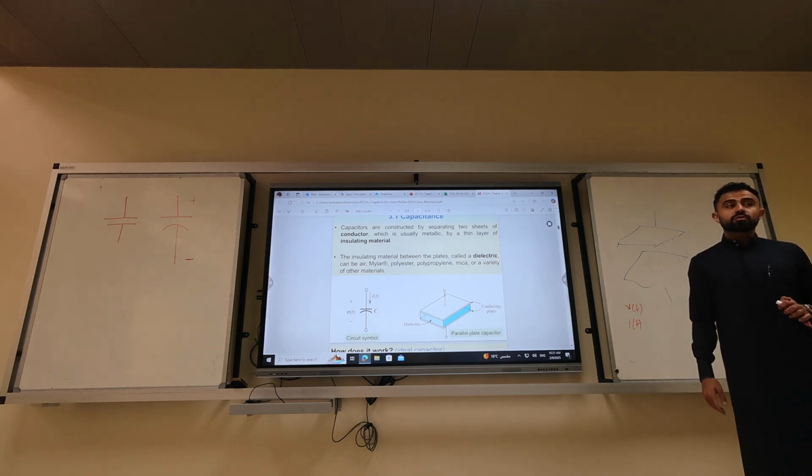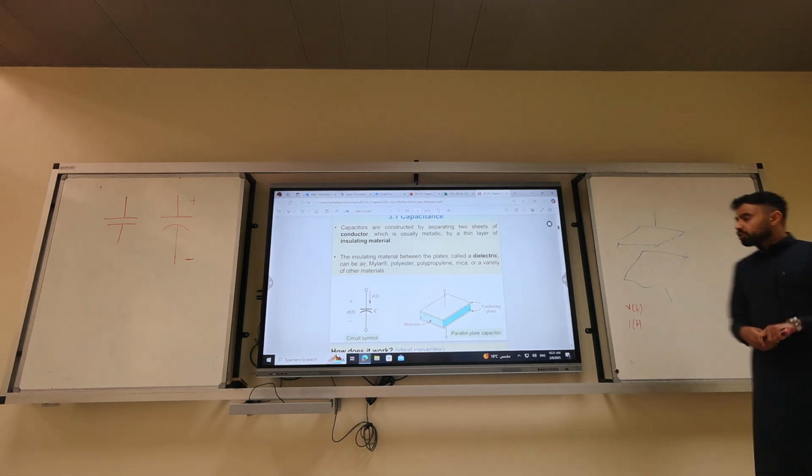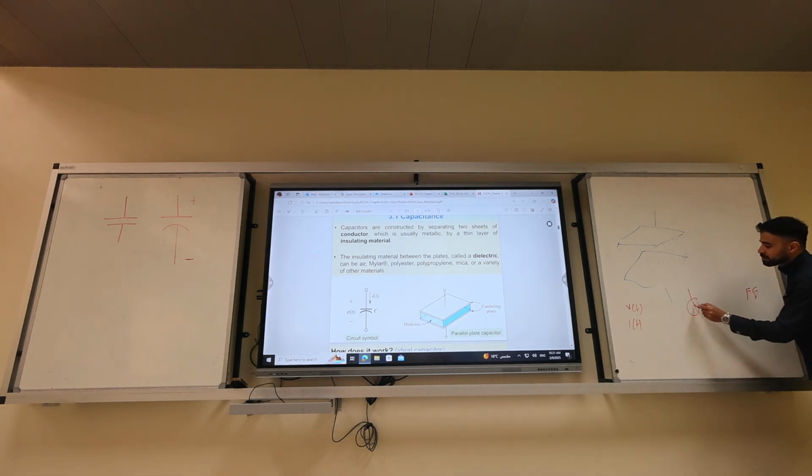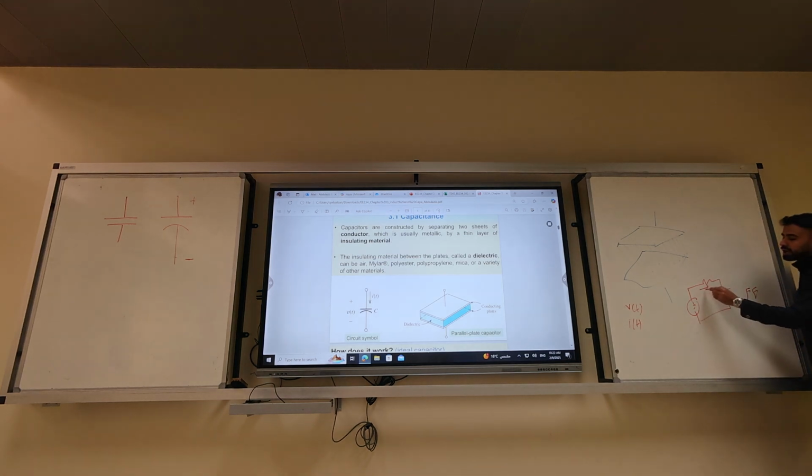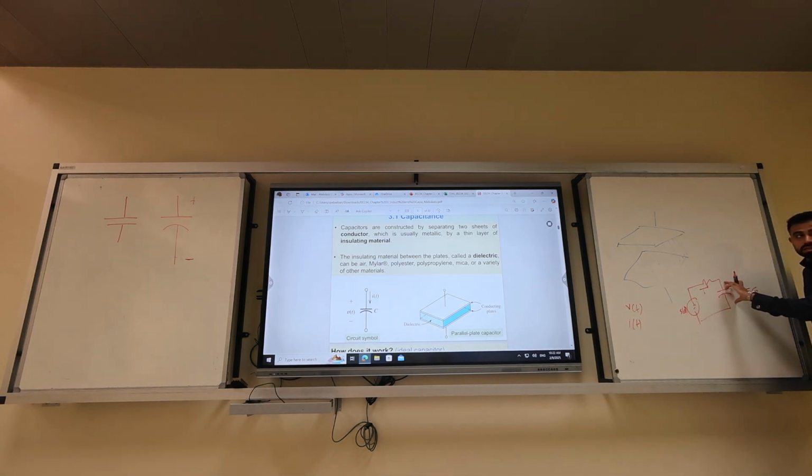They're going to ask you: if you connect a 5 volt source to a resistor and a capacitor, what is the current I? Well, 5 volts DC, the capacitor doesn't work with DC, it works on AC. So that capacitor will act like an open circuit, so no current will flow.